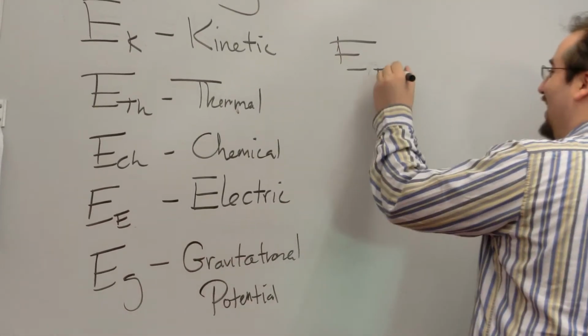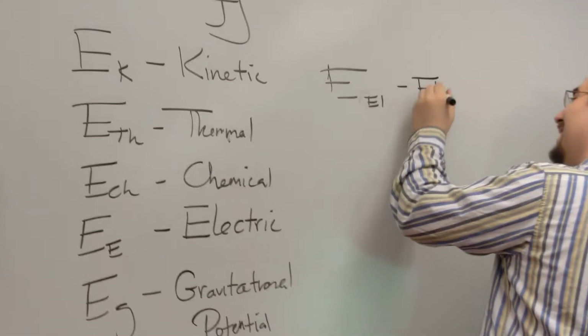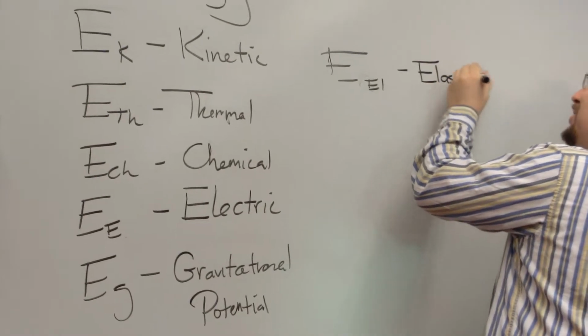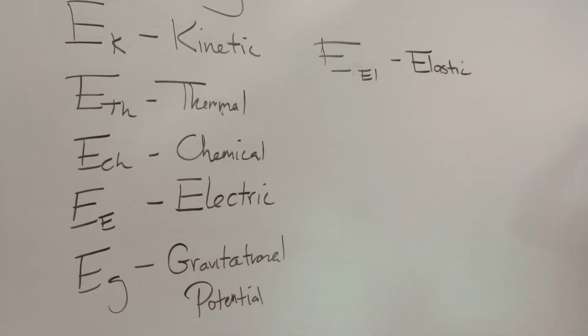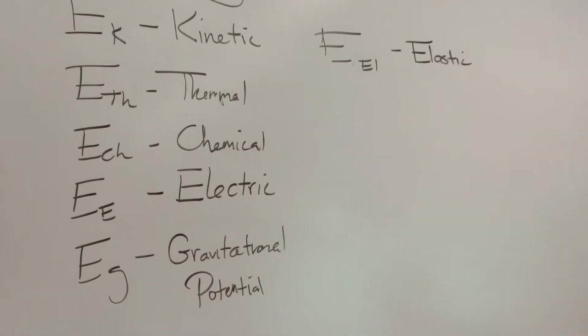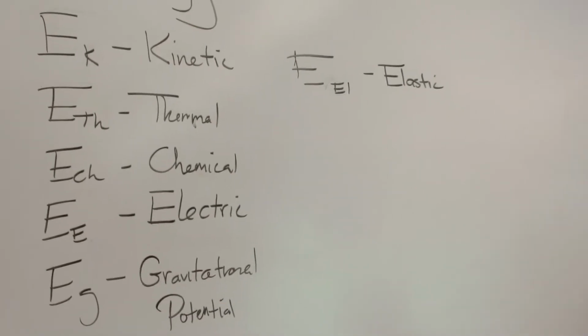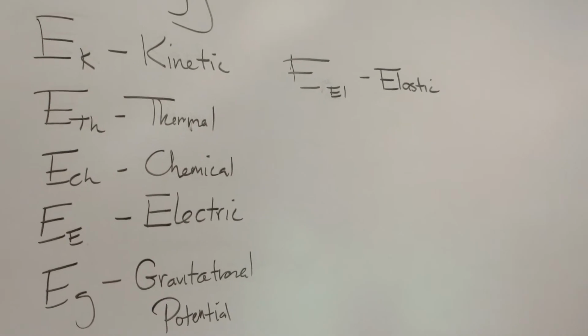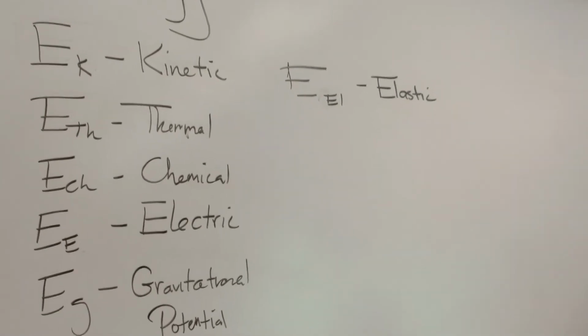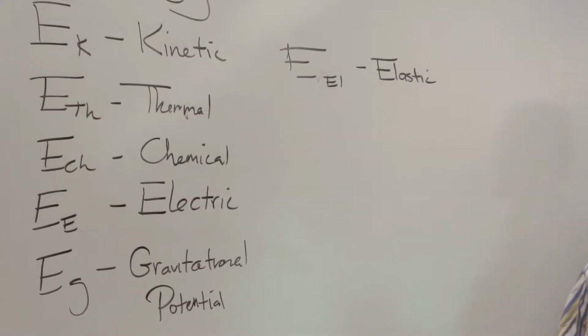We'll make that E. We kind of talked about electric energy when we get to circuits. Any other kinds of energies we mentioned, talked about, discussed, brought up? Perhaps a spring, tension? A spring potential is an elastic potential. Anything else?